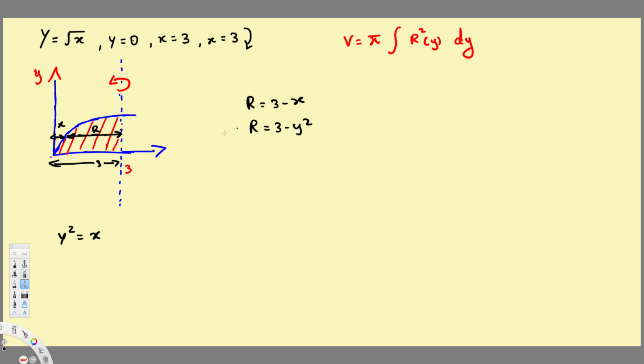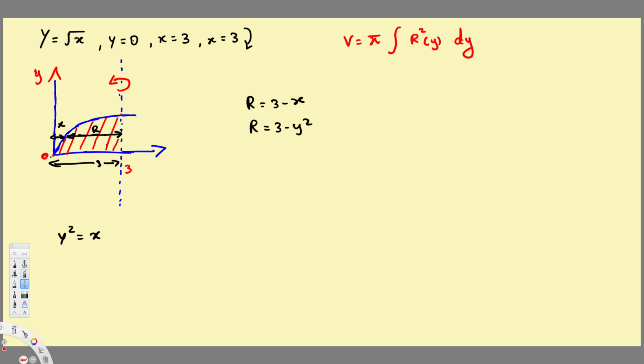But before we do that, we have to know the limits of integration. If it rotates around a vertical line, we have to know the limits of integration in terms of y. We have to know the beginning value and the value that is touching right here. The beginning value is 0, but this y value we can find using the formula. We know x equals 3 is at this location.